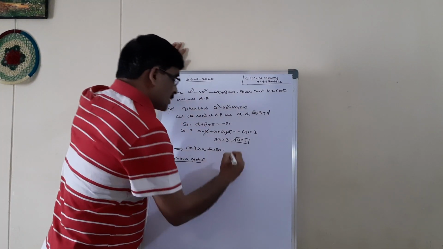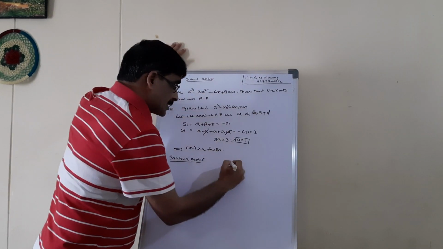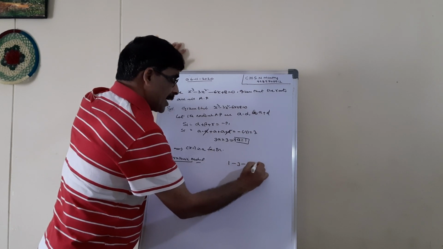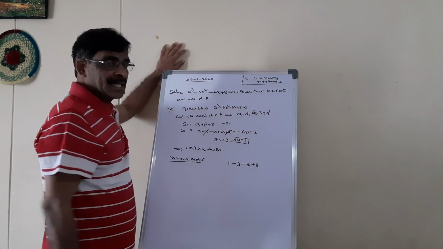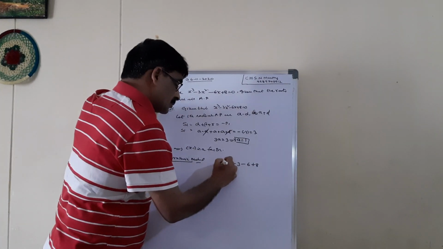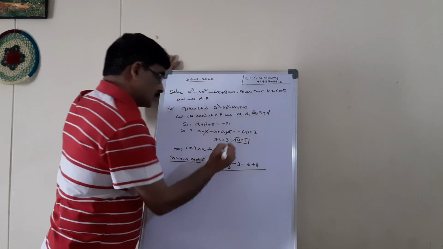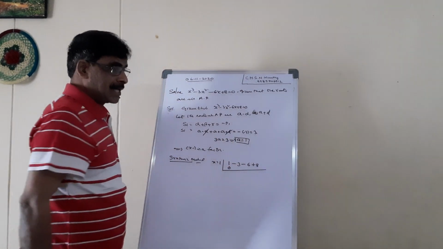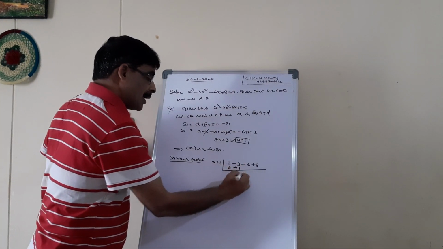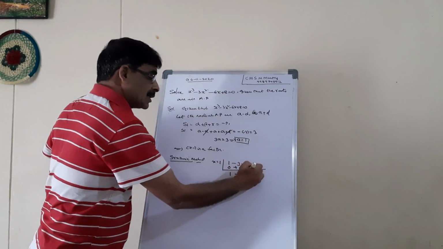Write the coefficients: 1, the coefficient of x cube equal to 1, x square minus 3, here minus 6, plus 8. First you write all the coefficients of the equation. You know, here x equal to 1 because x minus 1 is a factor. 1 into 1, here minus 2, minus 8.